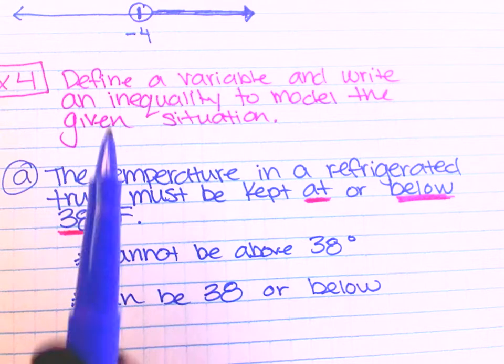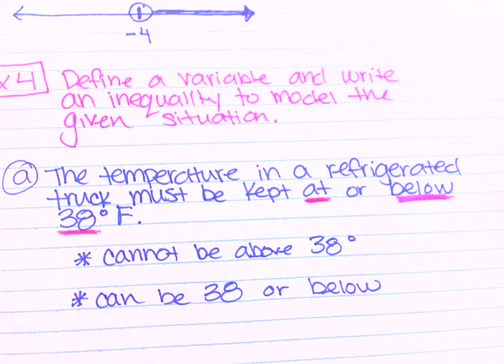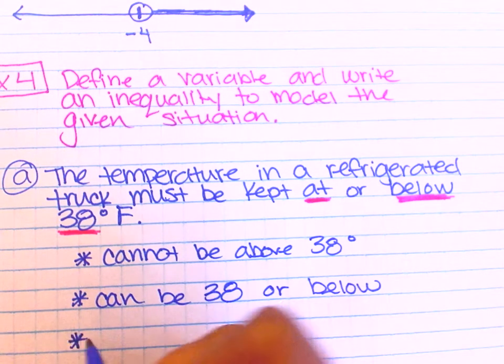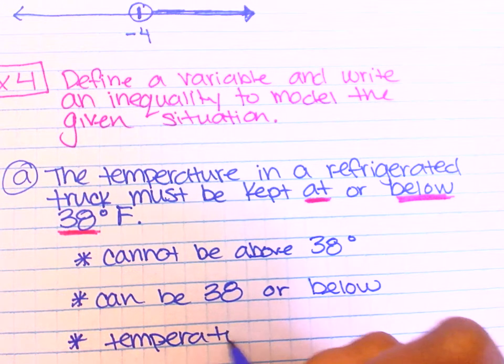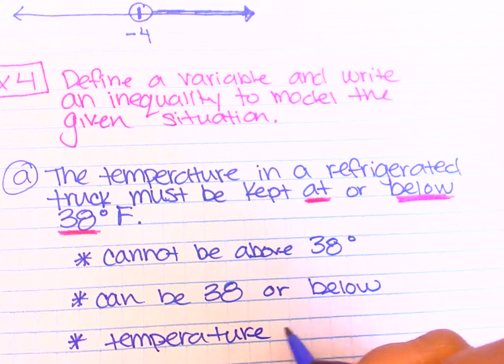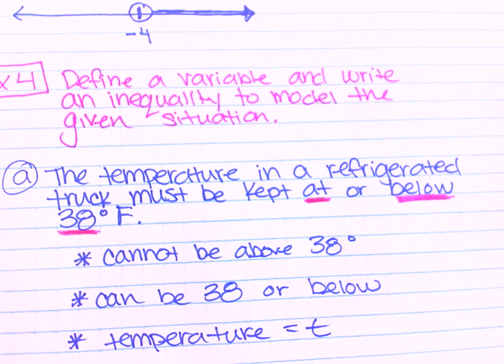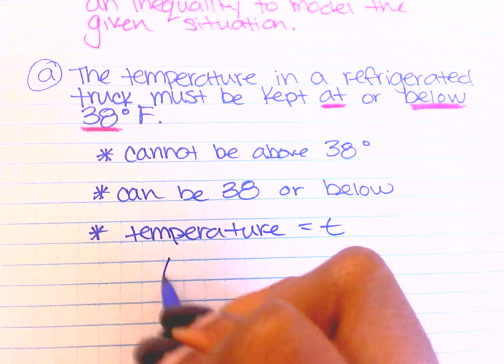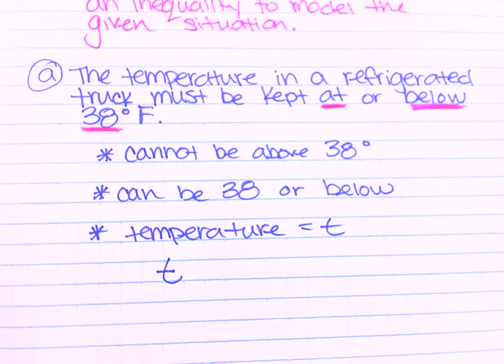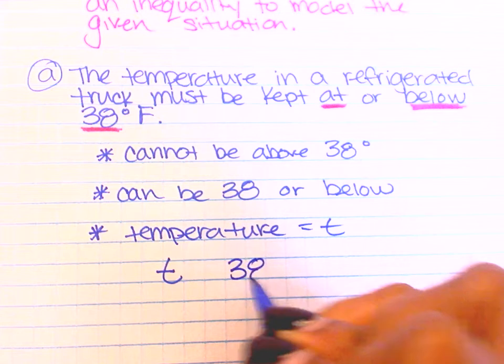Now, it says define a variable, so I'm going to pick T since it's temperature. You can make it anything you want. I'm going to pick the letter T for mine. So now I know T, I have the number 38.